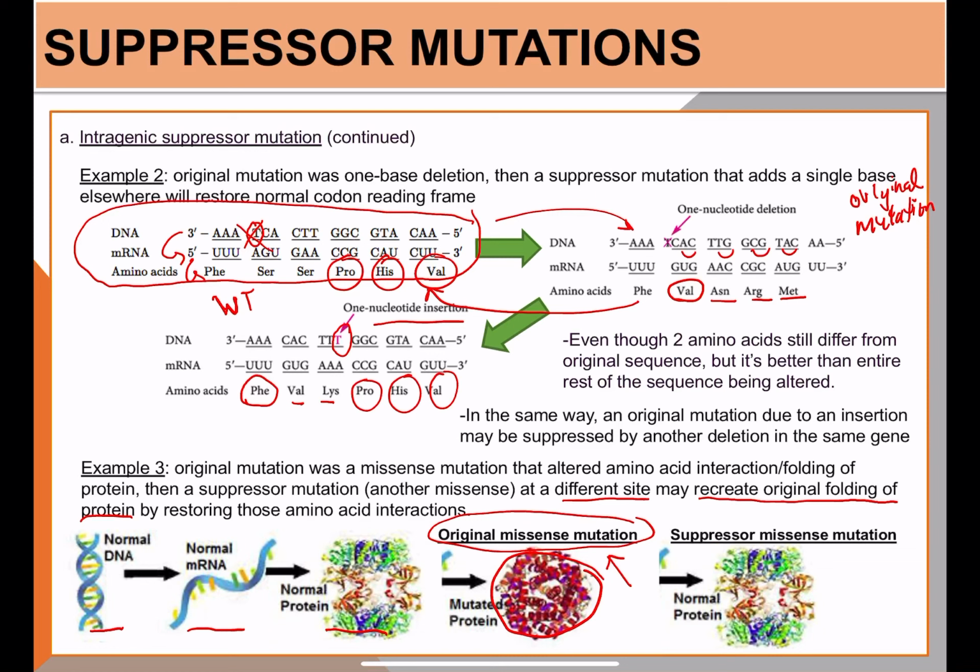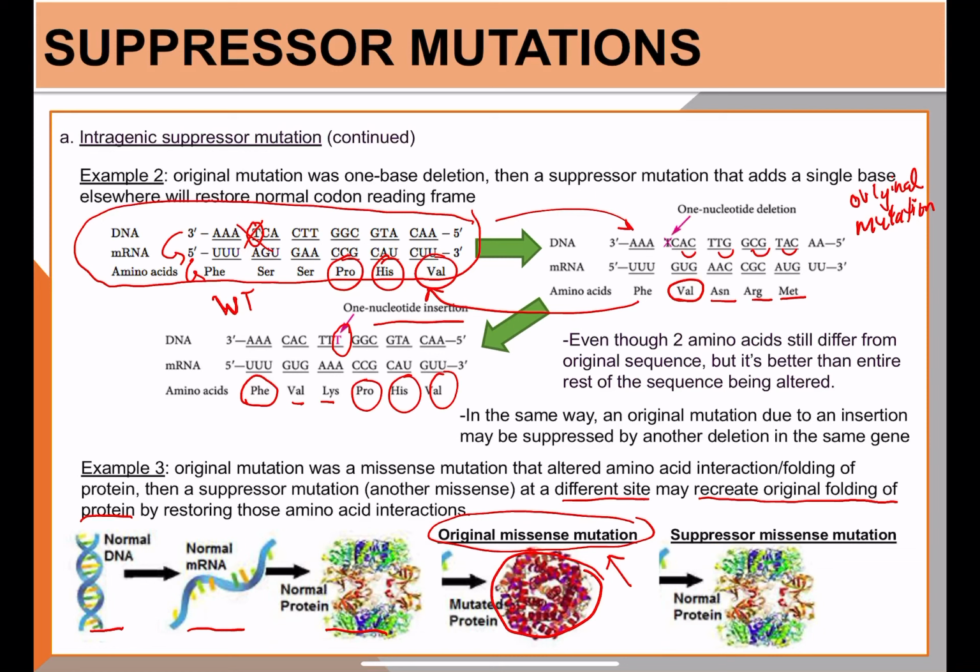First example, you're affecting the same codon where your first original letter change was reversed by a second letter change. The second example, you're talking about where you inserted something the second time you deleted something back, okay? Or you deleted something and you insert something back. Now, the third example, we're talking about the protein function effects, protein structural effect.